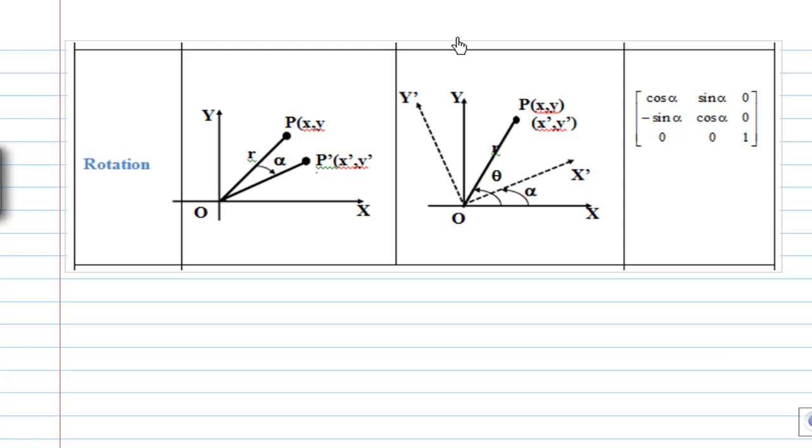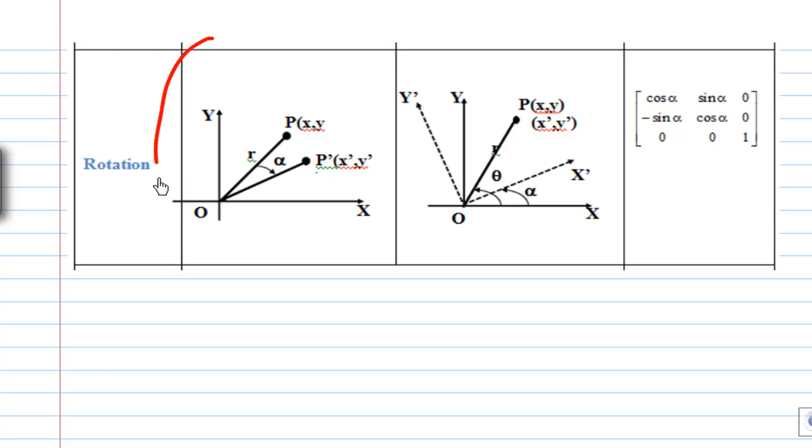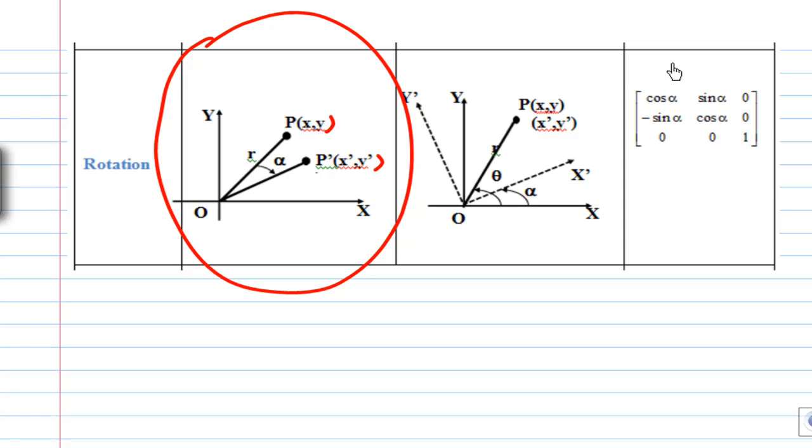Let's look at a picture rotation object shown in the course book here. If an object from xy rotate clockwise for angle alpha to a point P prime, give you x prime, y prime, then the matrix of rotation is this. Notice that this alpha can be positive or negative.